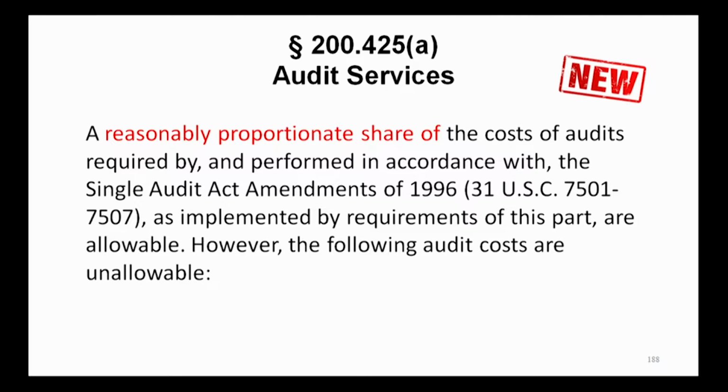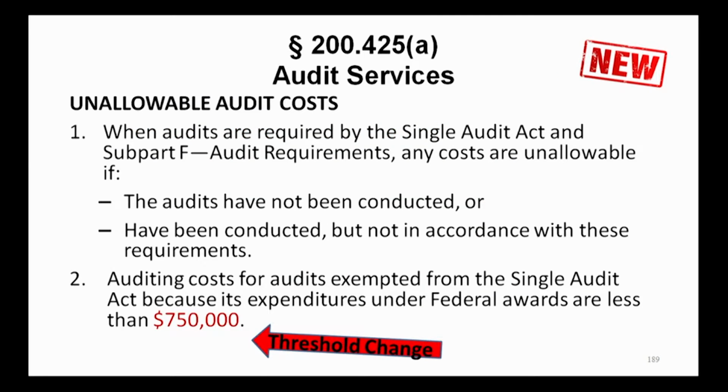performed in accordance with the Single Audit Act. So again, just because the IHBG program has the most money, it doesn't mean they pay the most on the federal award, right? It has to be a reasonably proportionate share of the cost of that audit.